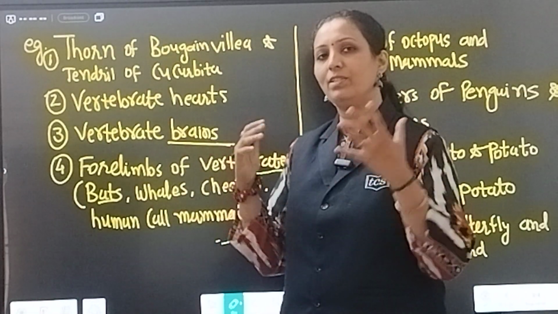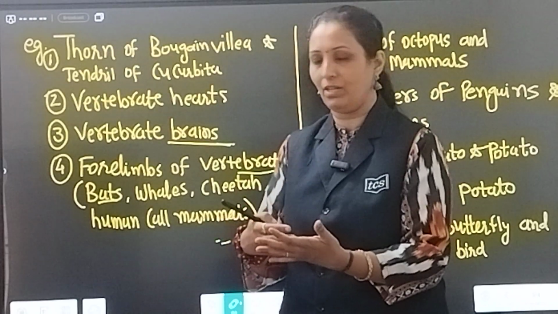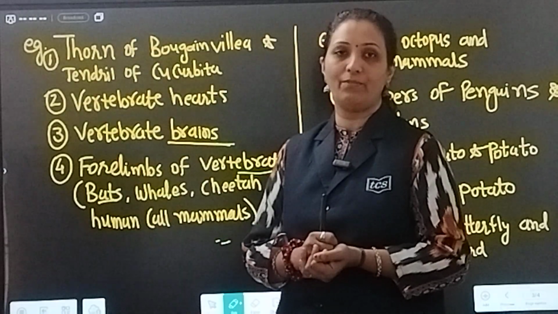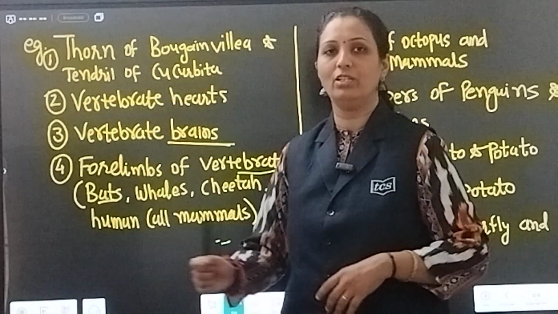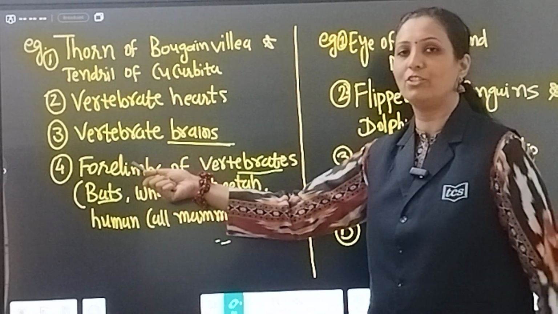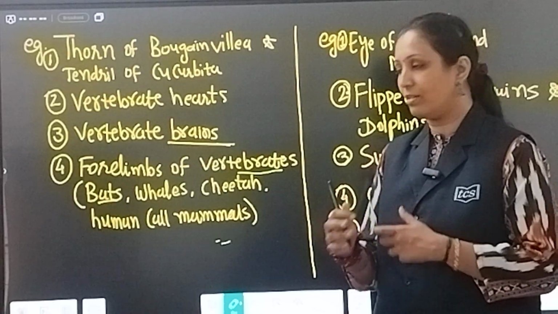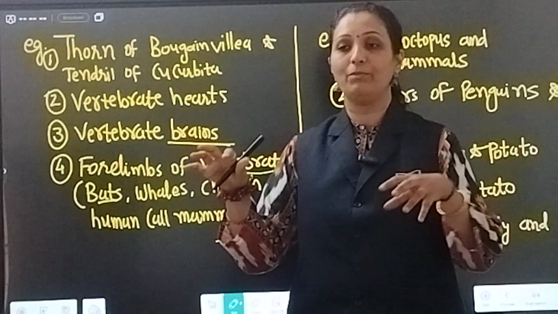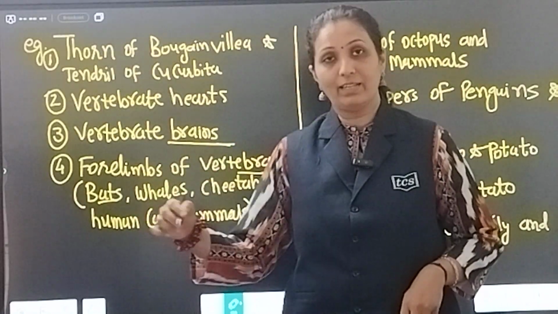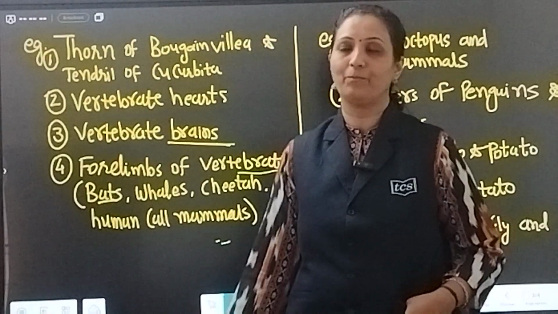Basically, the bones are the same in all of these, but their functions are very different, which is divergent evolution. In a bat the forelimb helps in flying, in a whale swimming, in a cheetah fast running, and in a human the limb is for writing, holding, and so on.